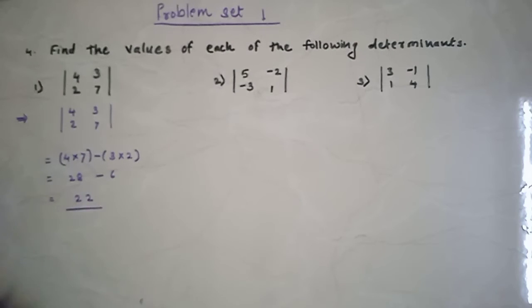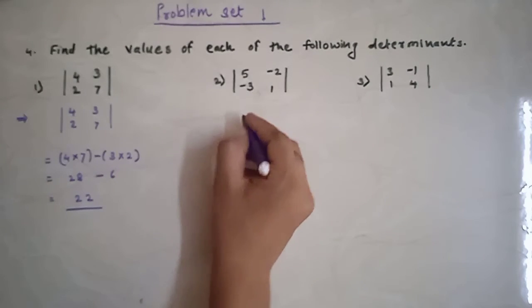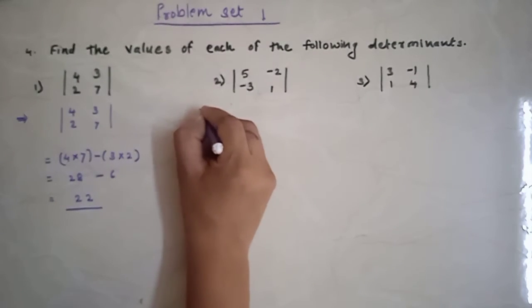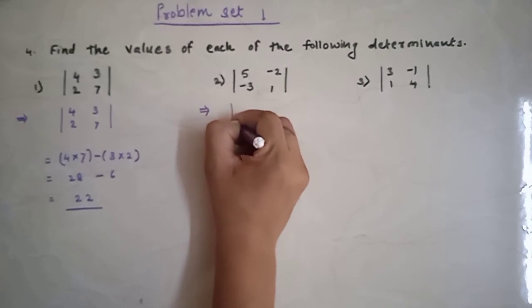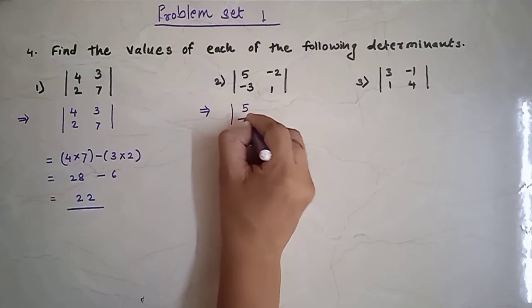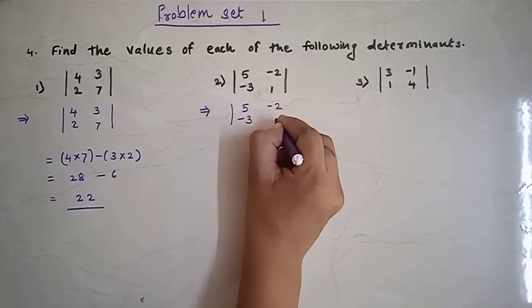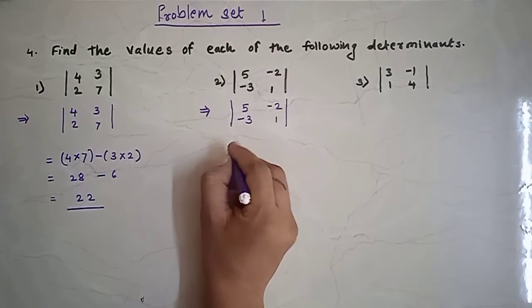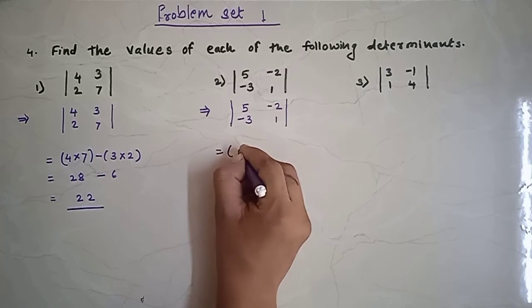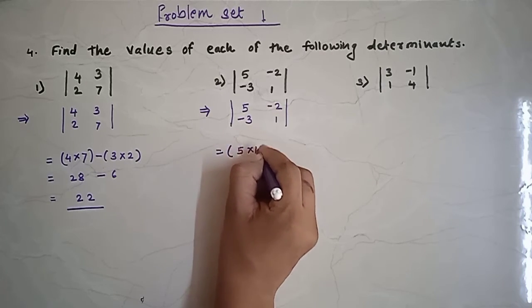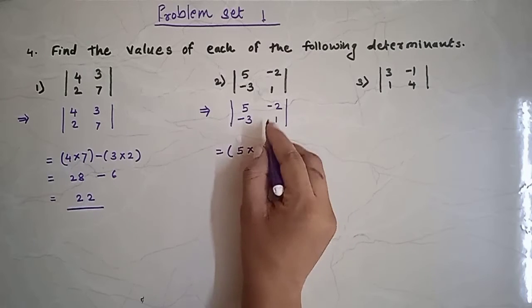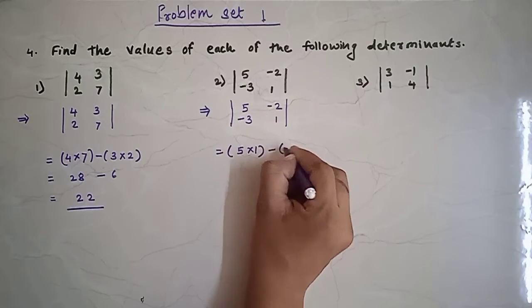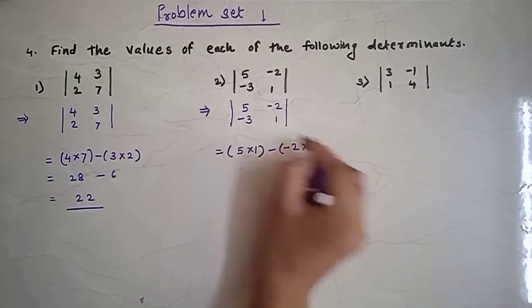So take down the next one, solve the next determinant. So rewrite it again. 5 minus 3 minus 2 1. So 5 into 1 minus minus 2 and minus 3.